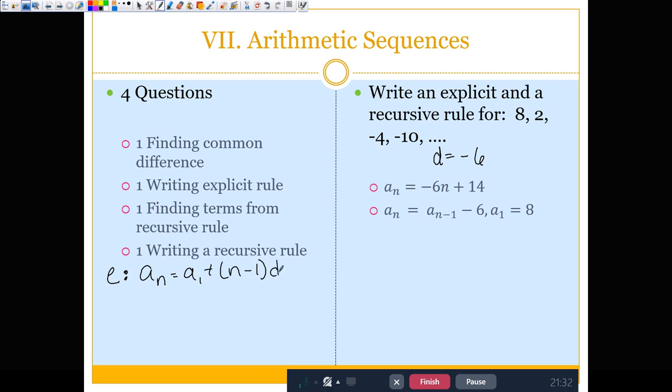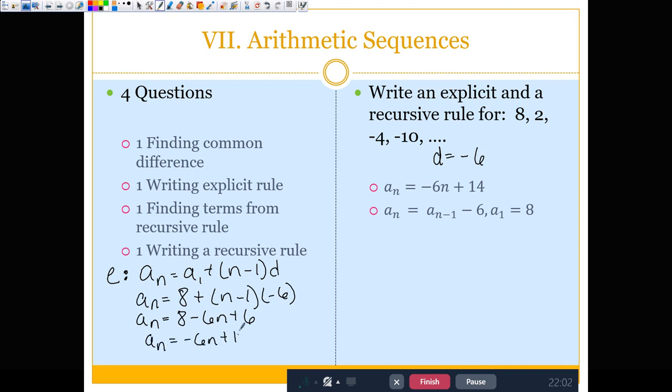I'm going to substitute in a1 and d. What is a1? 8, right? It's the first number. So a sub n equals 8 plus n minus 1 times d, which we just determined is negative 6. So a sub n equals 8 minus 6n plus 6, and 8 plus 6 is 14. So a sub n equals negative 6n plus 14.